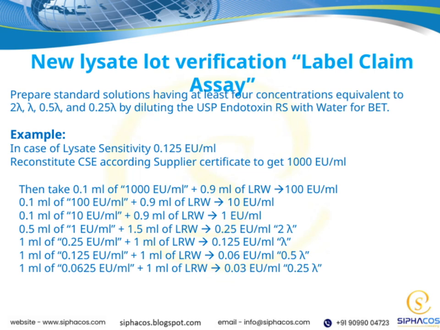Then, you perform a lot verification using the label claim assay to ensure your test is accurate. This systematic dilution process is essential because it allows us to generate a reliable standard curve, which is fundamental for quantifying endotoxin levels accurately in our samples.